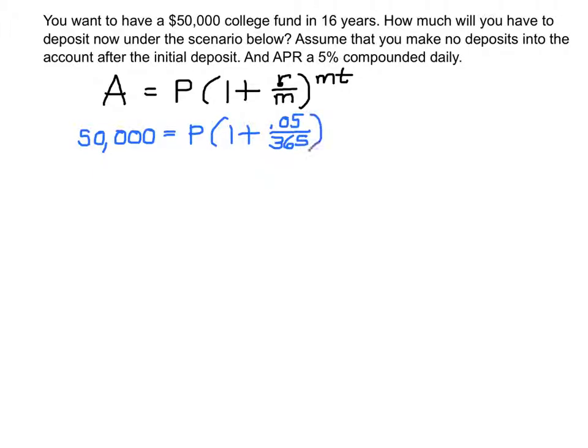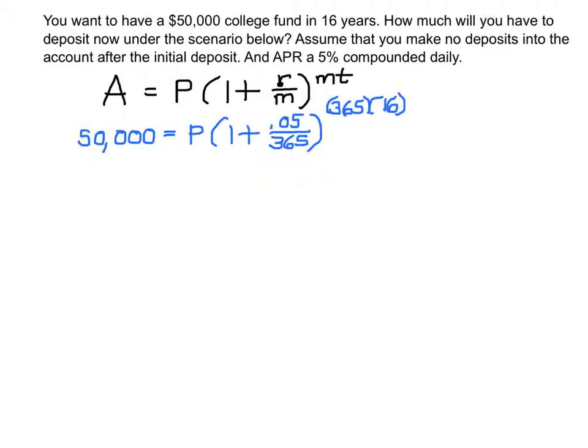And then we raise this to 365 times the time, which is 16 years. So what we need to do is resolve what this is and then solve for P.